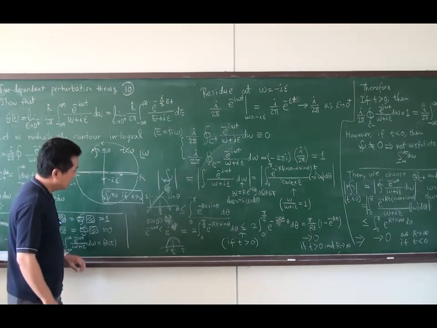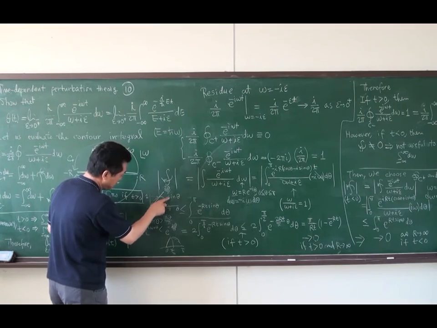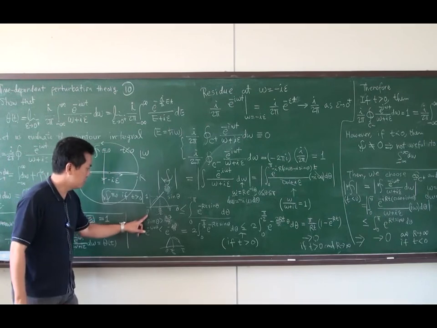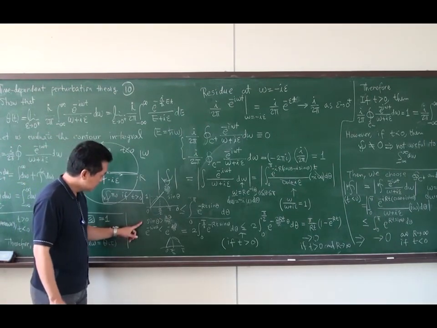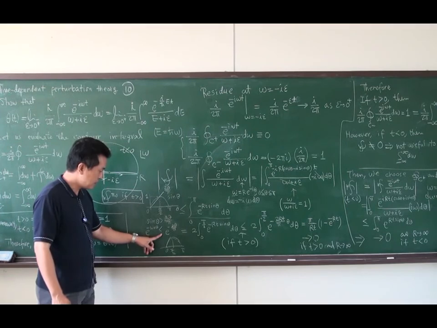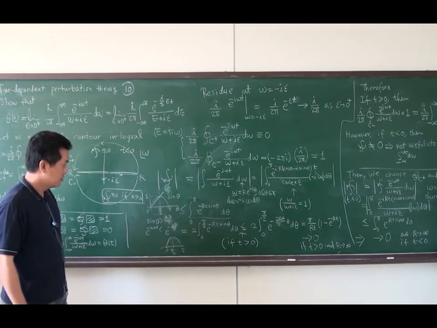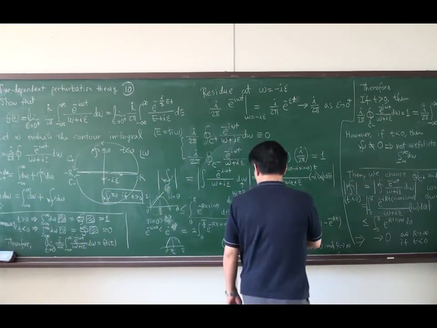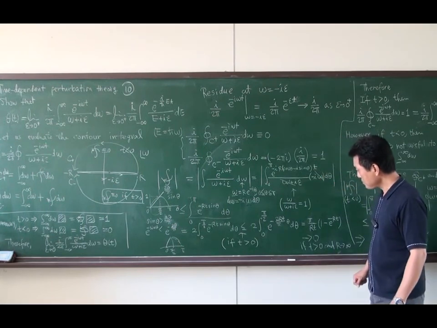And because this is a straight line, sine theta is always greater than 2 theta over pi from 0 to 1/2 pi. Therefore, exponential negative sine theta is always less than exponential minus 2 theta over pi. So this is an upper bound of this integral.